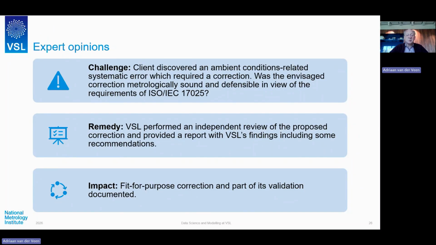We reviewed that proposal and provided evidence in the form of a report for our findings and some recommendations. And the customer had a fit-for-purpose correction and parts of its validation already documented.